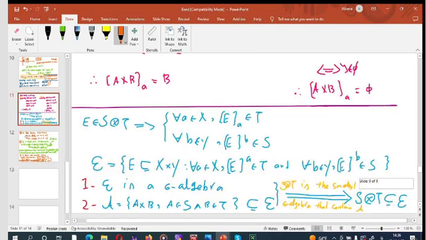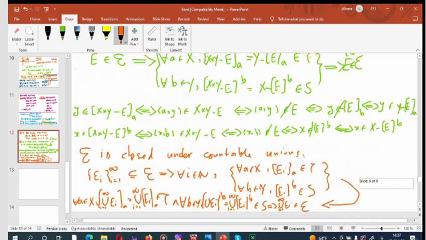And also we see that this sigma algebra contains the measurable rectangles, and since this sigma algebra is the smallest sigma algebra that contains them, this must be a subset of E, and our proof is complete. And the proof of this is easy.